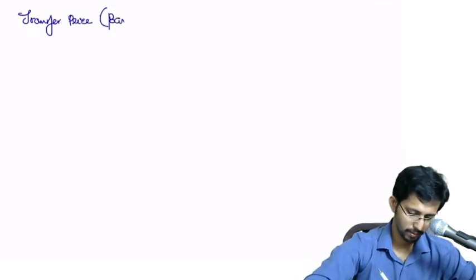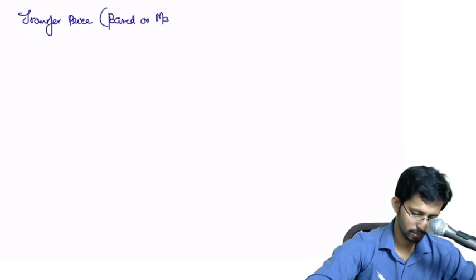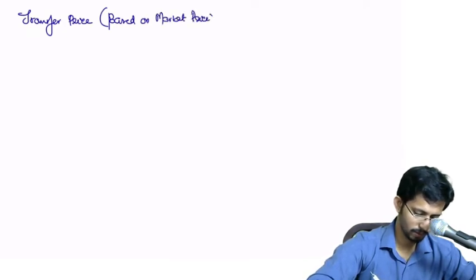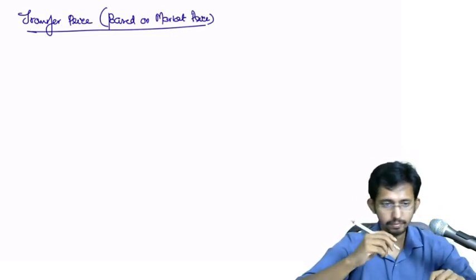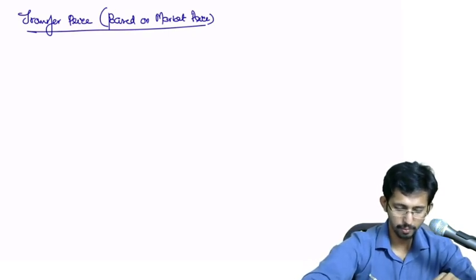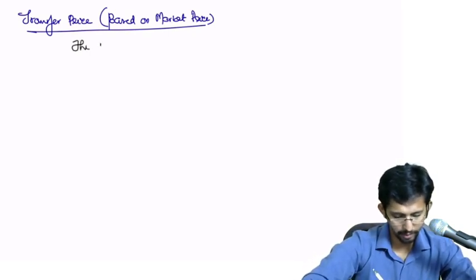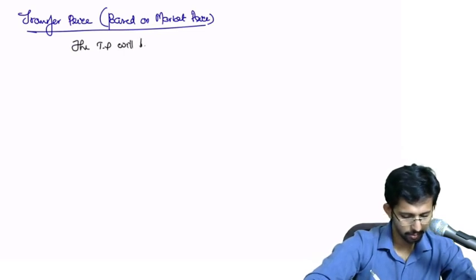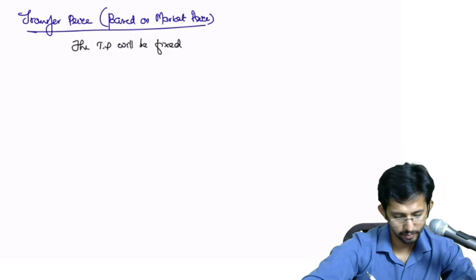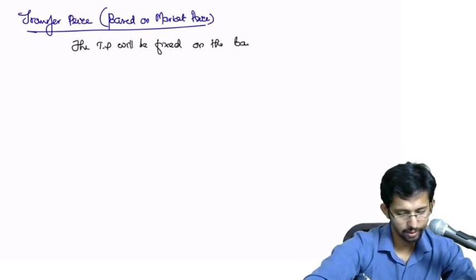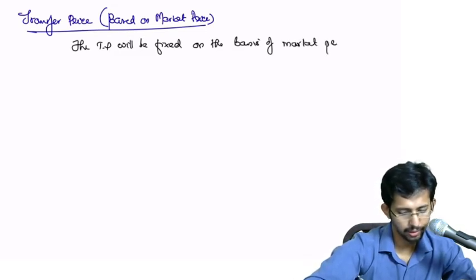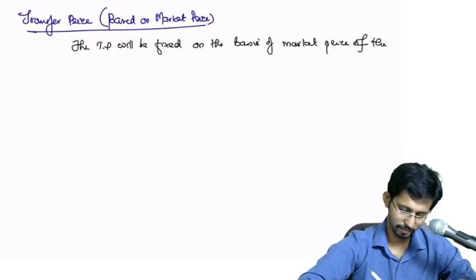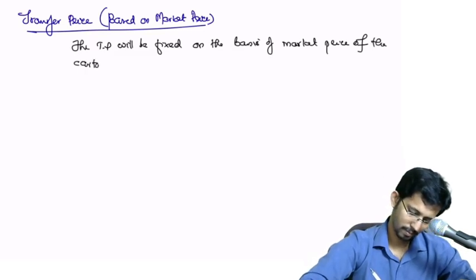Transfer price based on market price. Okay, now what you have to do, the TP will be fixed on the basis of market price of the cartons in the external market.